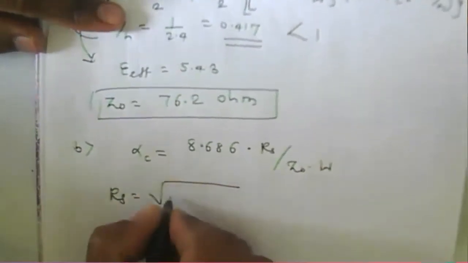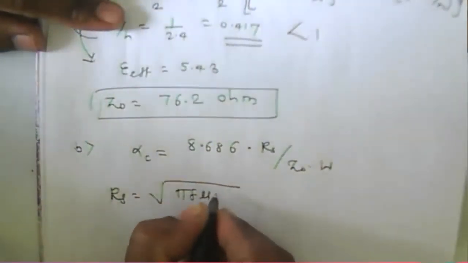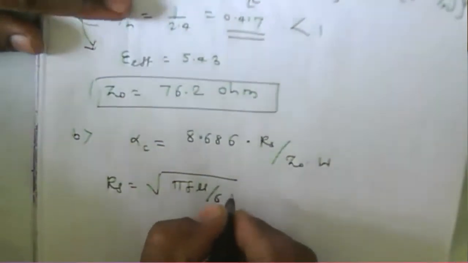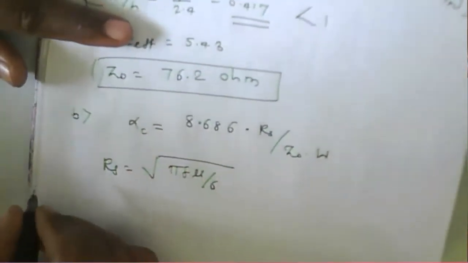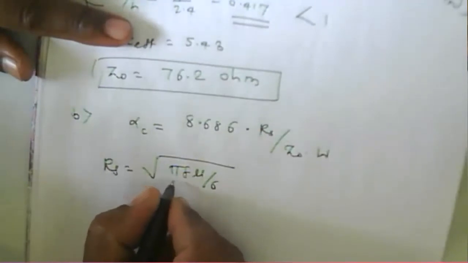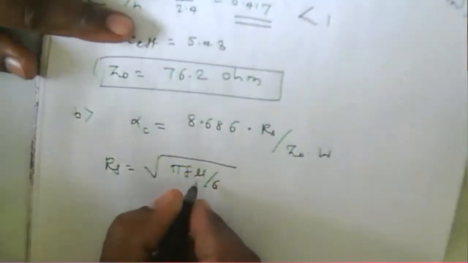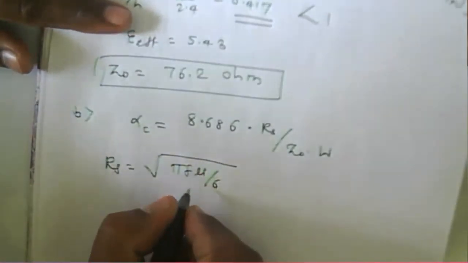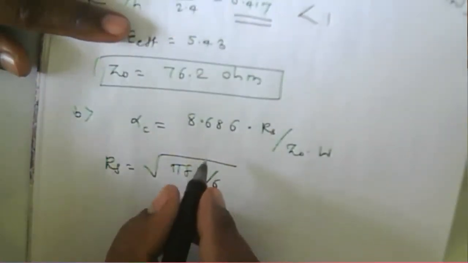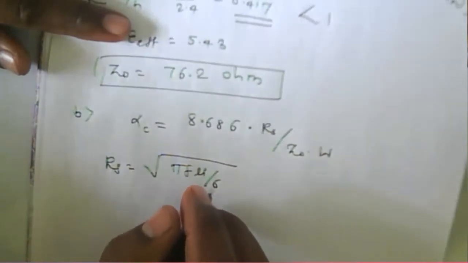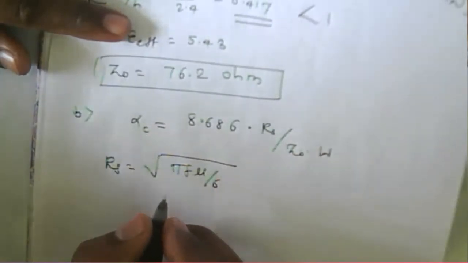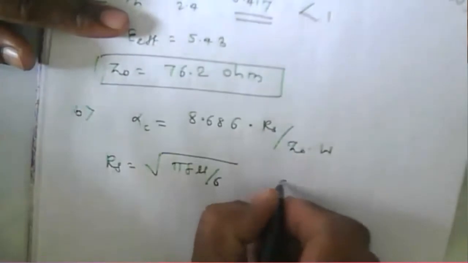Then part B: what is the attenuation due to the conductor loss and the dielectric loss? So attenuation due to conductor loss alpha C is 8.686 into Rs divided by Z0, and we know that Rs is equal to the square root of pi f mu by sigma.